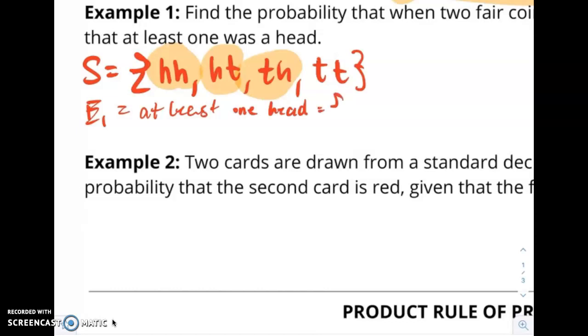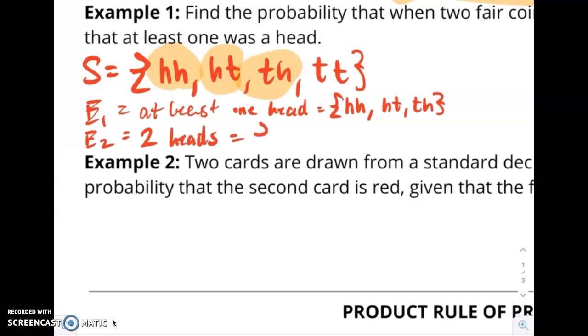And that is going to be a set of the 3 that I've highlighted. We could have had heads, heads, that has one head, heads, tails has one head, and tails, heads has one head. Then we're going to look at event 2. Event 2 is that there are 2 heads. And that set is only going to contain the heads, heads outcome.